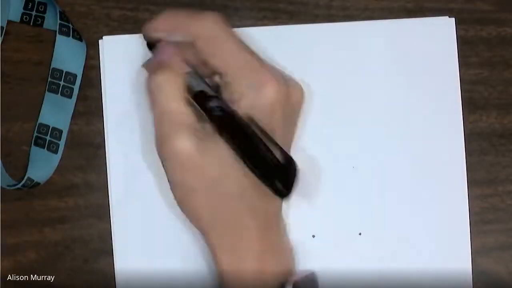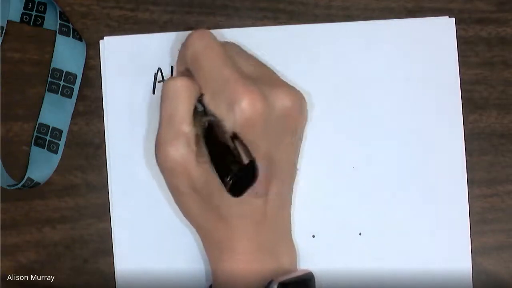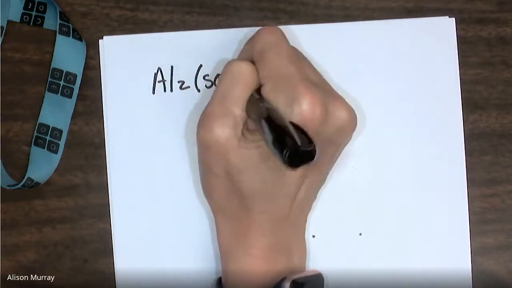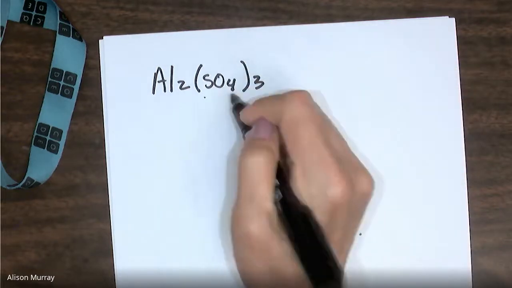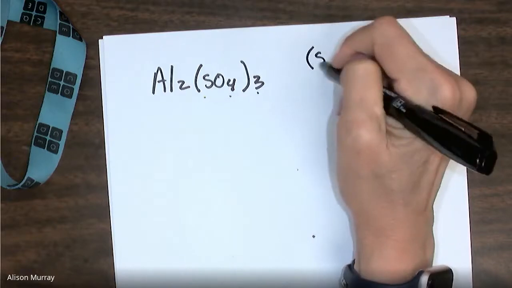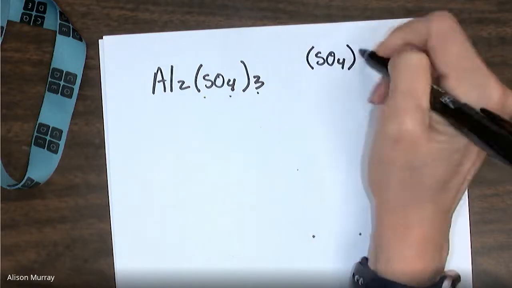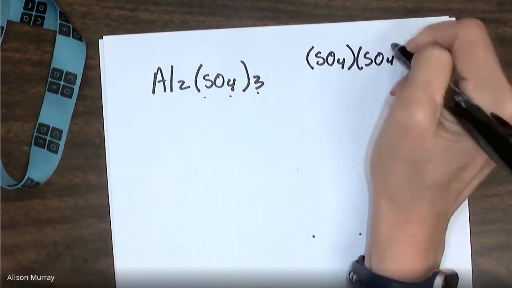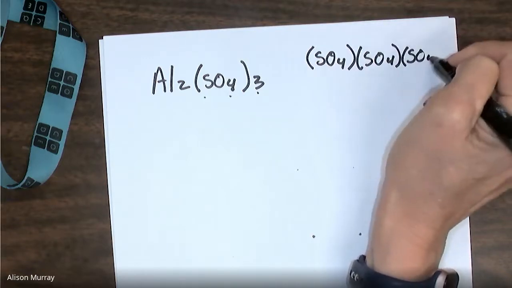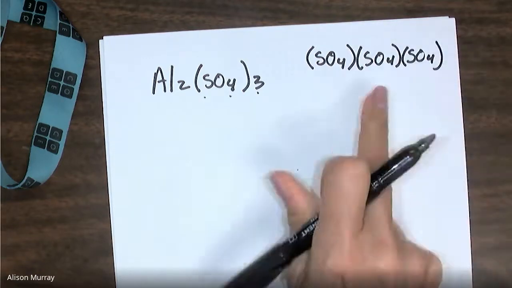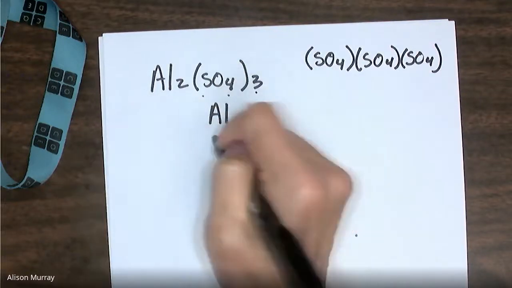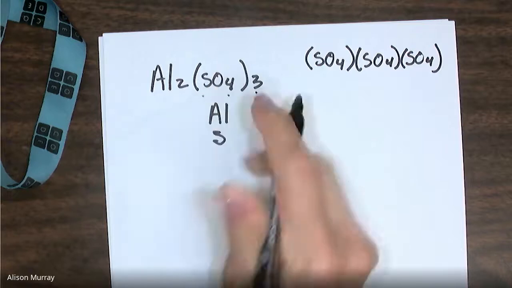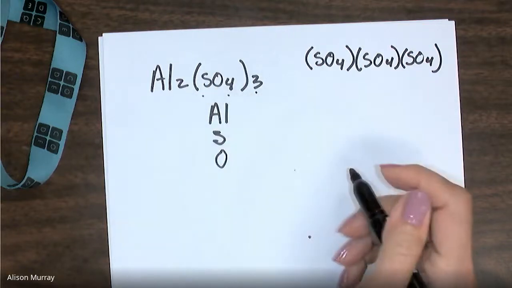Let's try another one that's a little harder. So this SO4, there's 3 of them. So that's the same as, okay. So we have Al, aluminum, we have sulfur, we have oxygen.